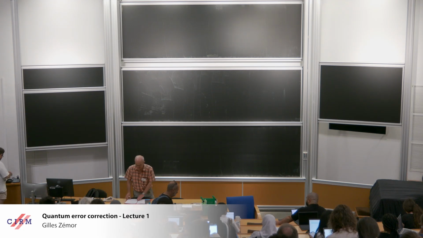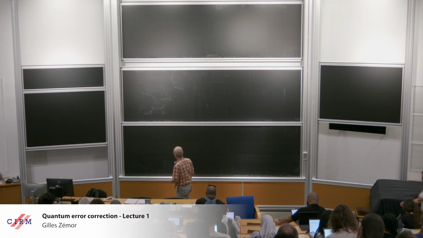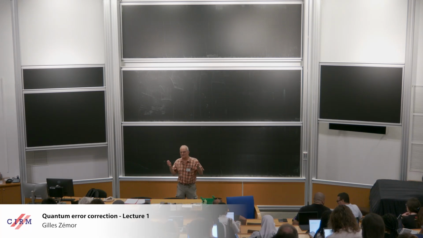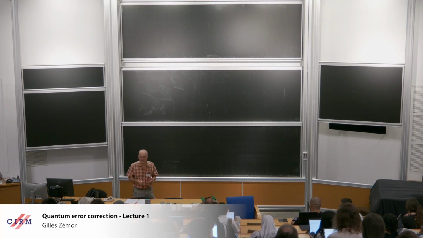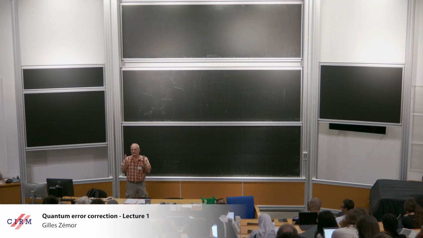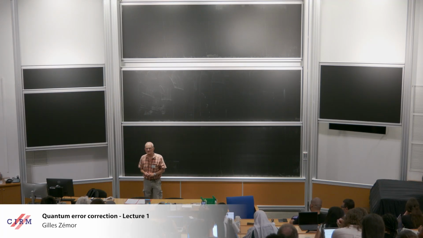So, yes, this is going to be the first of a couple of lectures on error correction, quantum error correction. I come from classical error correction, and I tend to adopt the viewpoint that you really want to look at quantum error correction from the point of view of classical coding.